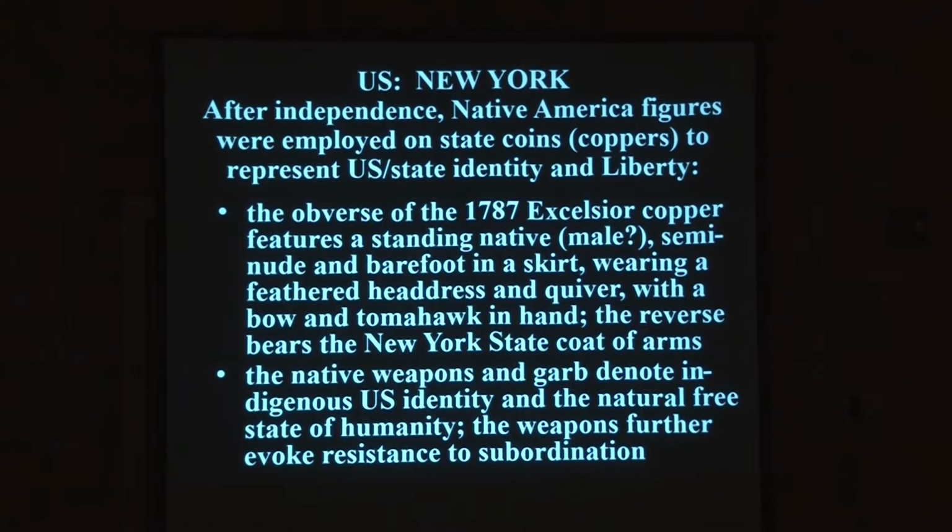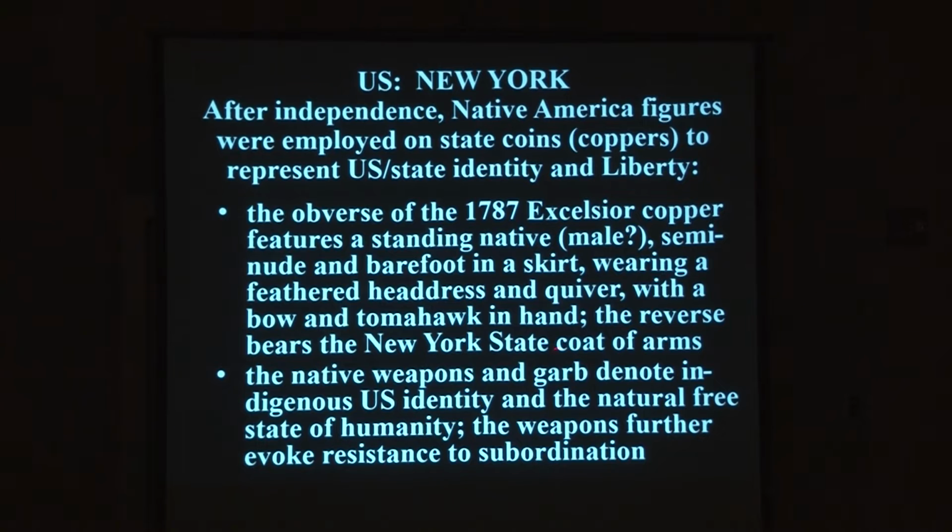But we also, like we saw with Mexico, find the similar imagery echoing on state coppers. In this case, we'll look at New York. After independence, Native American figures were employed on state coppers to represent US identity and liberty, and particularly state identity and liberty. The obverse of the 1787 Excelsior copper from New York features a standing native, perhaps a male, semi-nude and barefoot in a skirt, wearing a feathered headdress and quiver, with a bow and tomahawk in hand.